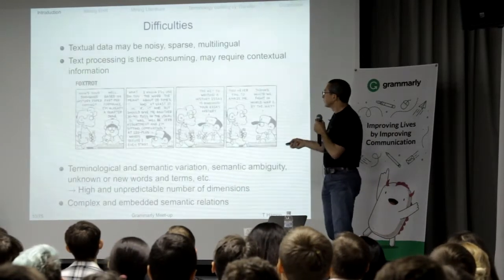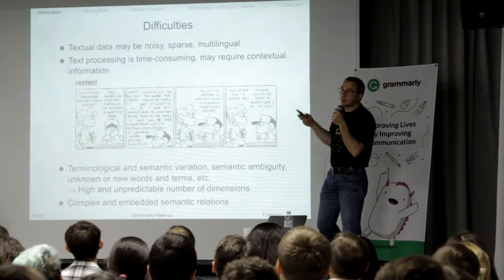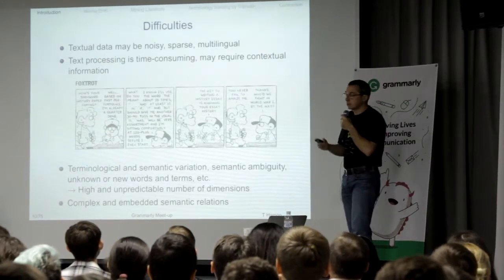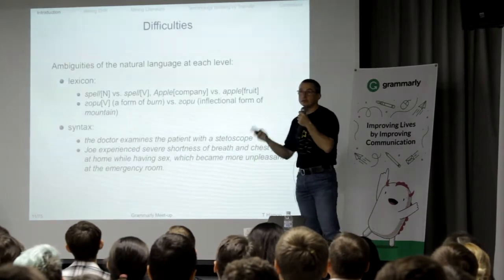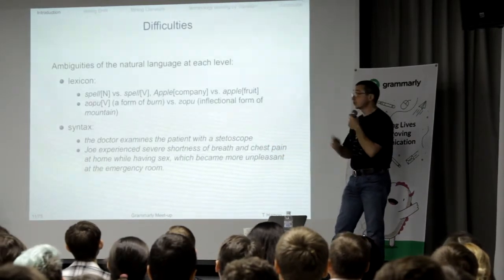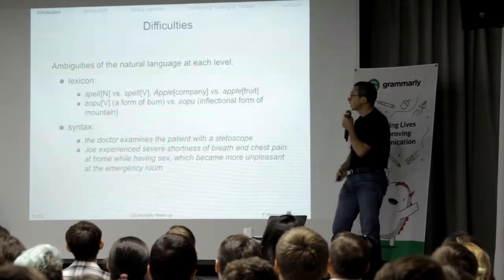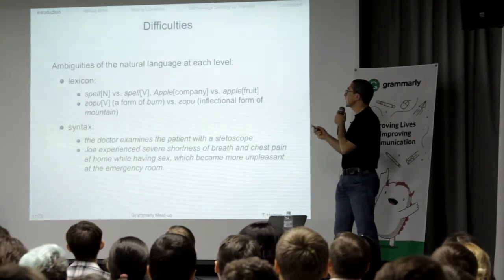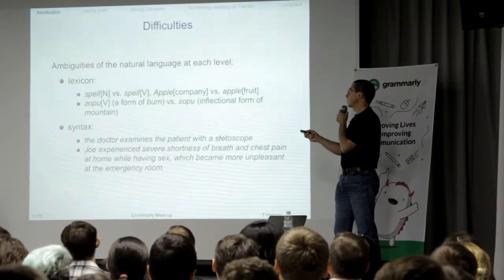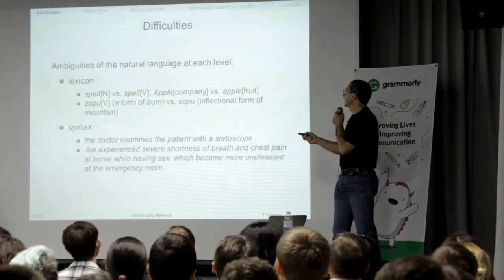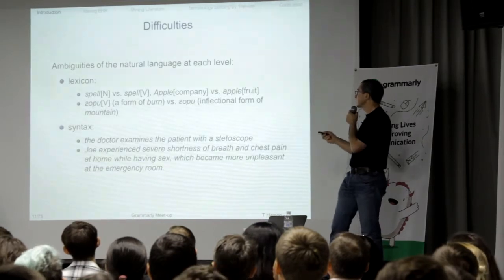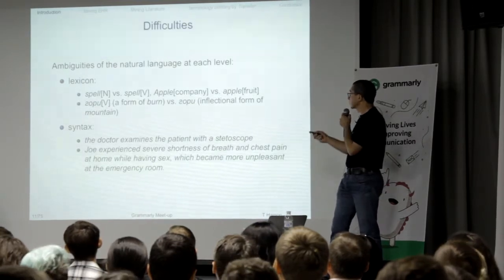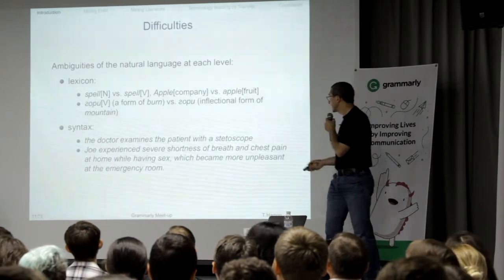This is a problem related to specific domains, at least. But there is also the problem related to natural language processing in general. There are different ambiguities at each level, at the lexicon level. For instance, spell can be a noun or verb, apple can be a company or just a fruit, and so on, even in Ukrainian.